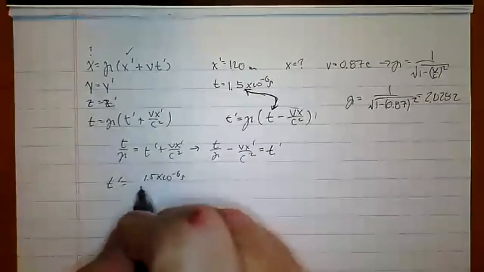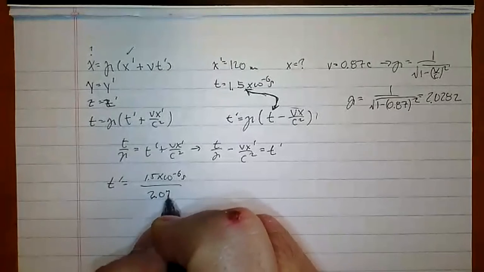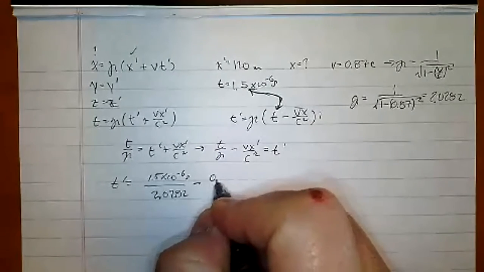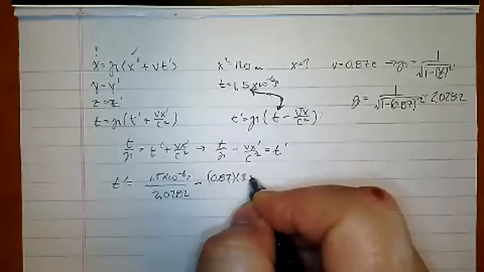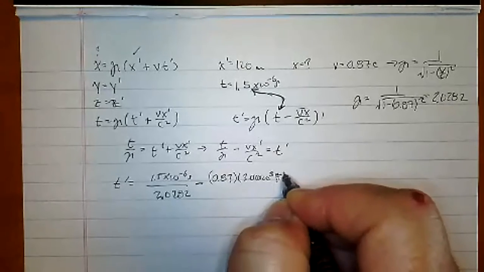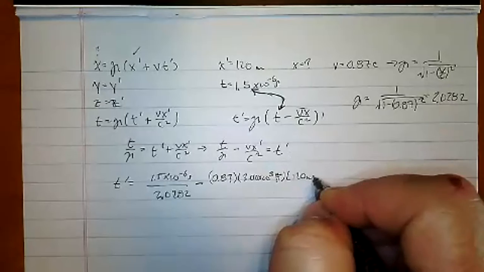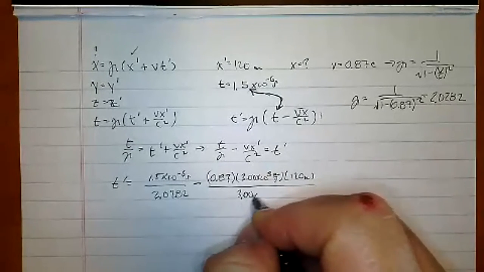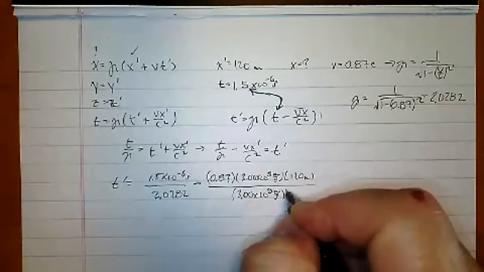So this is over 2.0282, and then minus 0.87 times, you can just use 3.00 times 10 to the 8th meters per second here. Now I've got to multiply that by x prime, which we said was 120 meters. And now I've got to divide that by 3.00 times 10 to the 8th meters per second, only it's got to be squared.